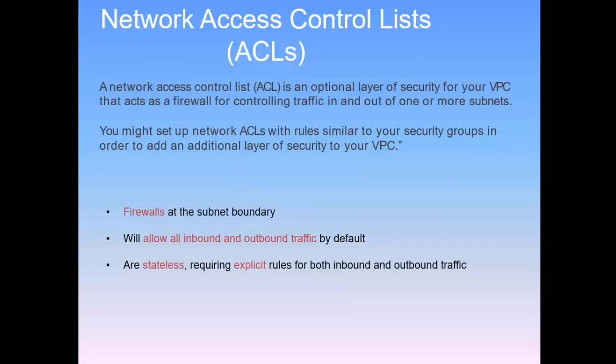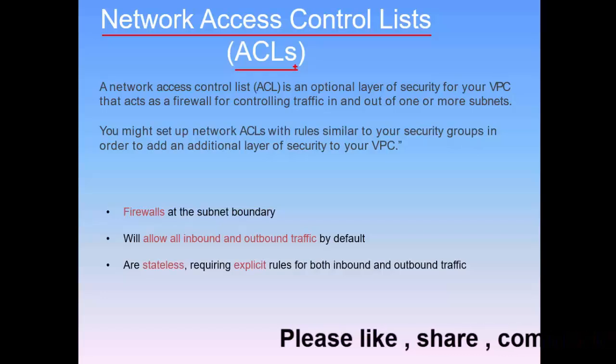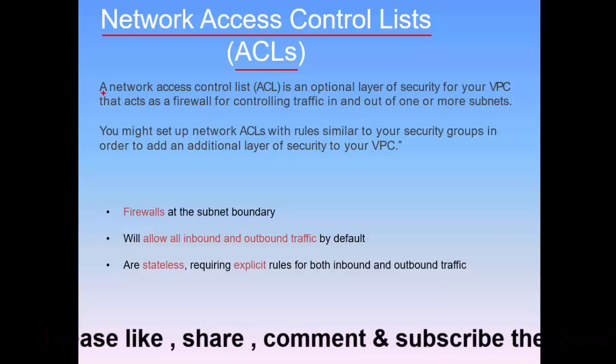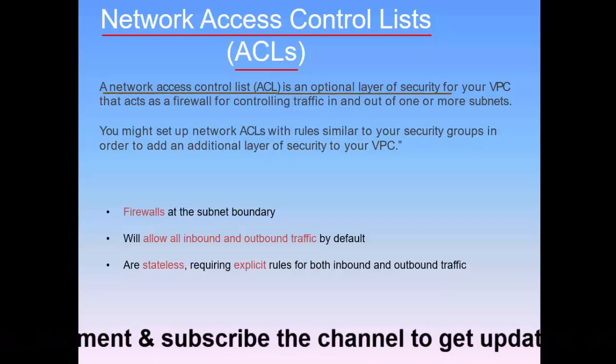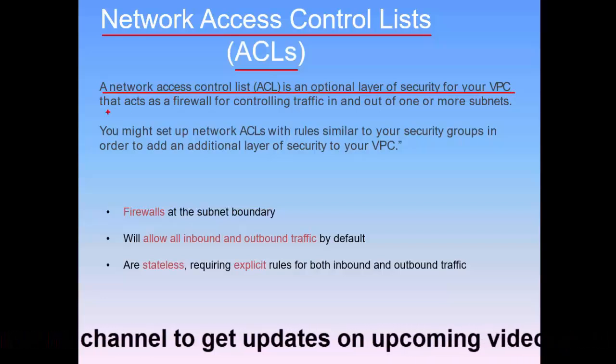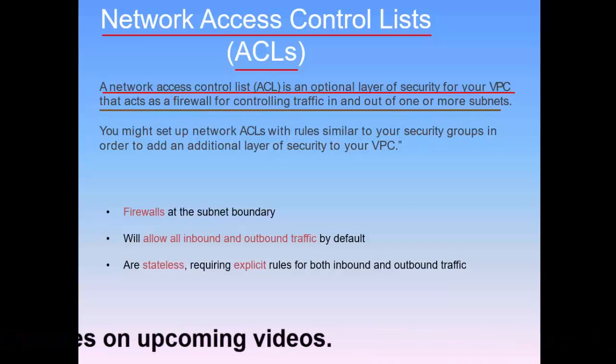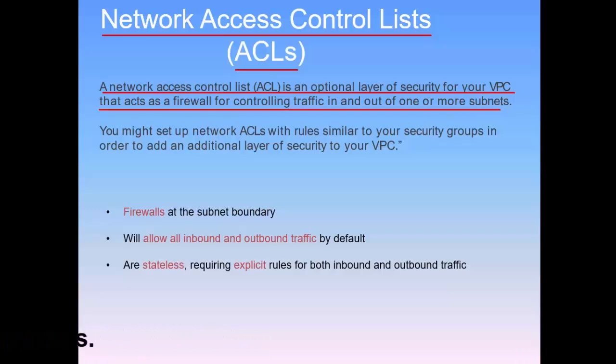Now the most important topic is the network access control list, NACL. What is that? An optional layer of security for a VPC that acts as a firewall for controlling traffic in and out of one or more subnets.